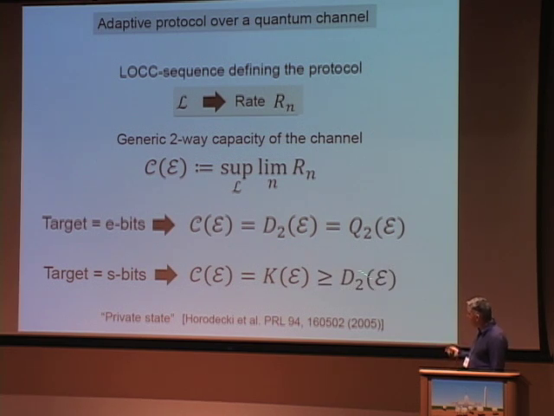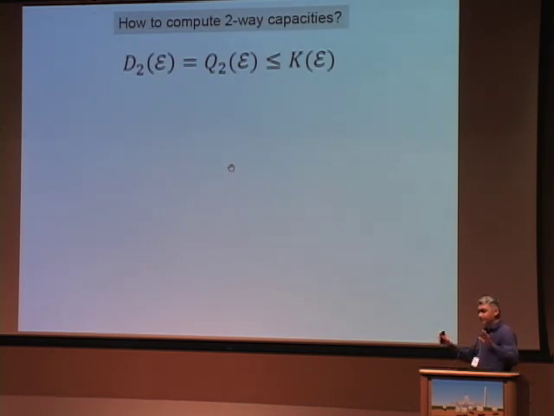And that's higher than the entanglement distribution capacity, just because a secret bit is more general than an ebit. An ebit is a particular type of secret bit. So, you see, these are the definitions. We have this situation here, with these two-way assisted capacities and these general relations.